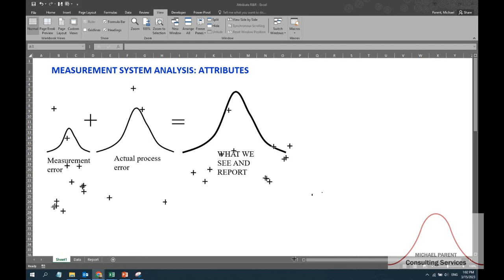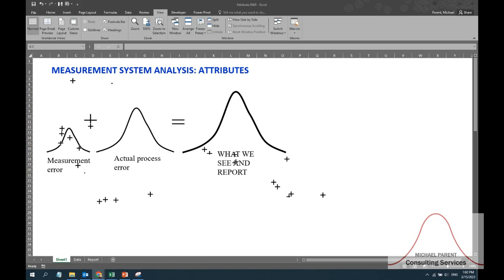But in this last conversation, we talked about gauge R&R, which is repeatability and reproducibility, which deals with actual measurements of our parts, like weight and height and depth. Well, a lot of times we're not interested in these measurements per se.